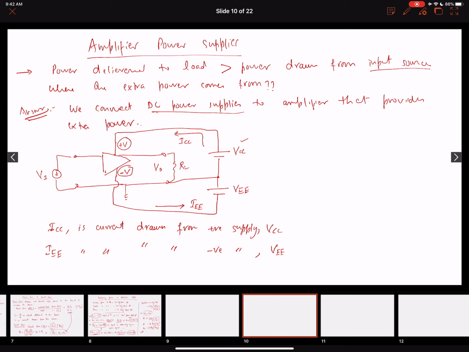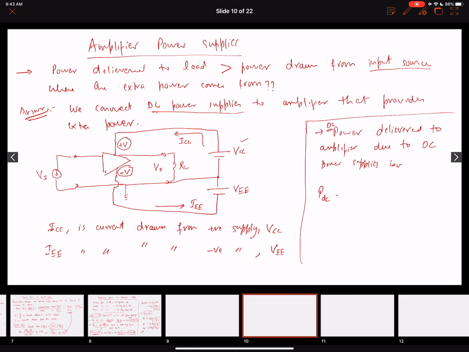The DC power delivered to this amplifier because of these external power supplies is PDC equals VCC ICC plus VEE IEE.